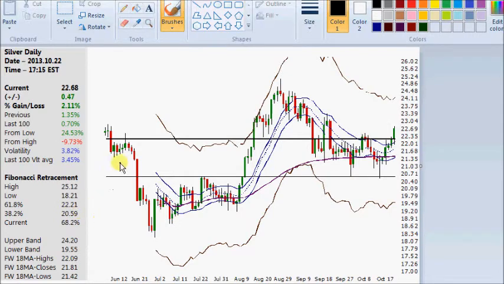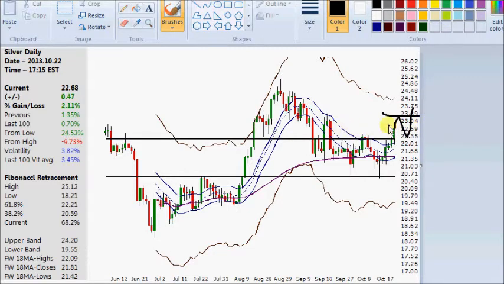So let's just assume it goes up to 23.30, then pulls back, and then you break this resistance. At that point, you would be giving yourself reason for a multi-day bull market to come into form.